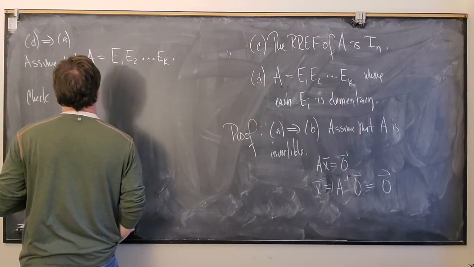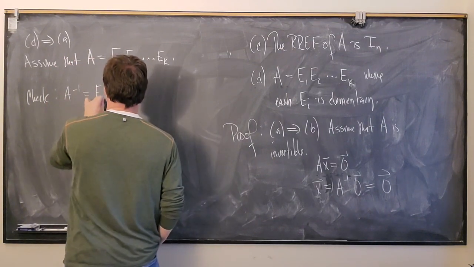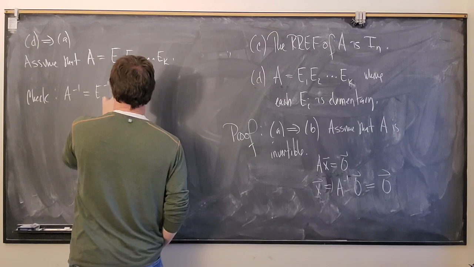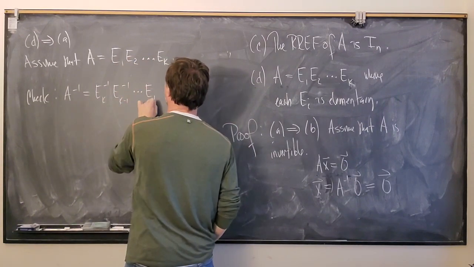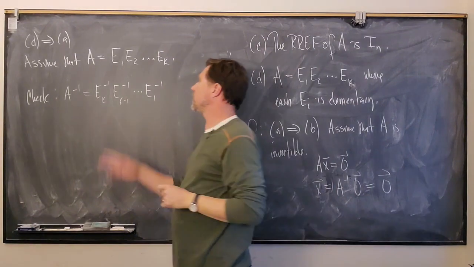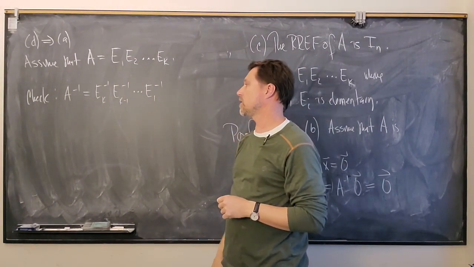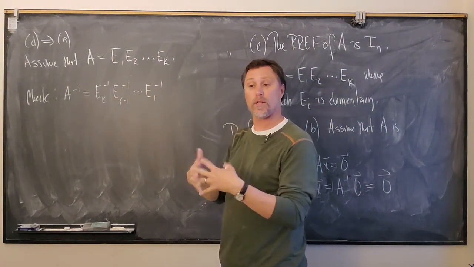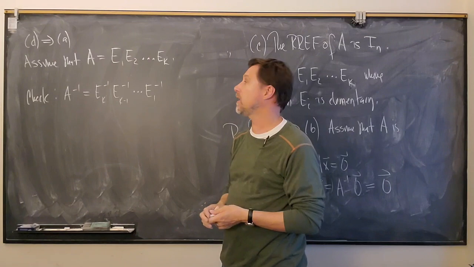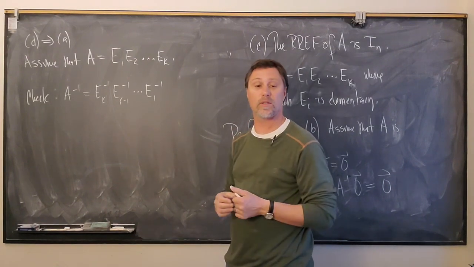A inverse is equal to E sub K inverse, E sub K minus 1 inverse, dot, dot, dot, E sub 1 inverse. So what did I do? I wrote this backwards and inverted each of the matrices. It's easy to see that if you multiply this times this, you're going to get a bunch of cancellation. You're left with the identity, and so we have a matrix, A inverse, so that A times A inverse equals the identity.